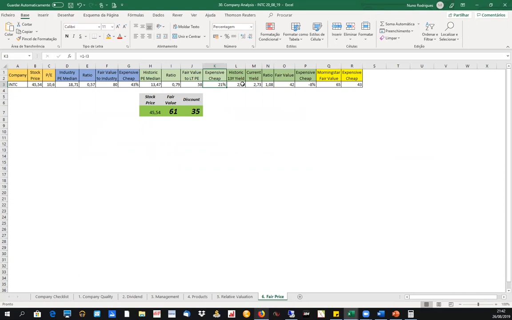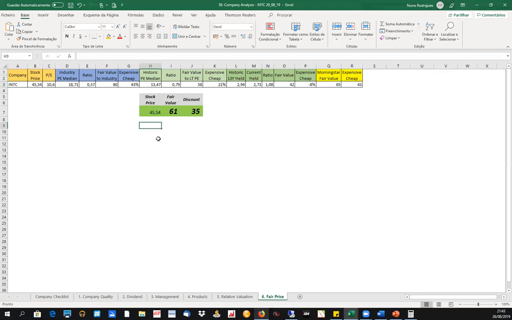However, when we analyze the dividend yield, we do see that the company is 8% expensive. And for Morningstar, the fair value is 65.